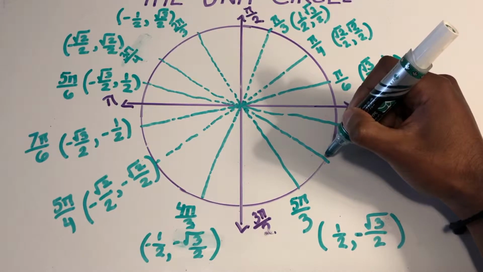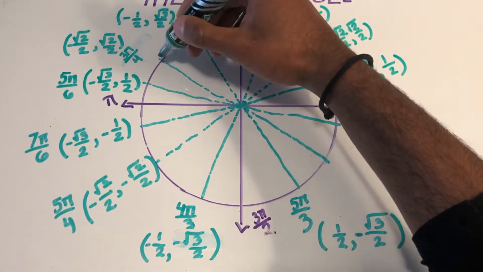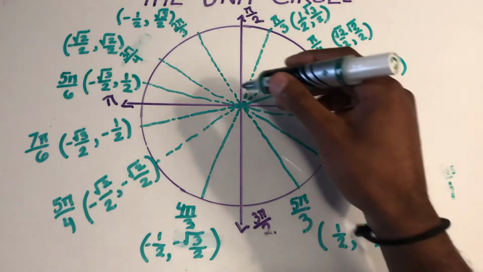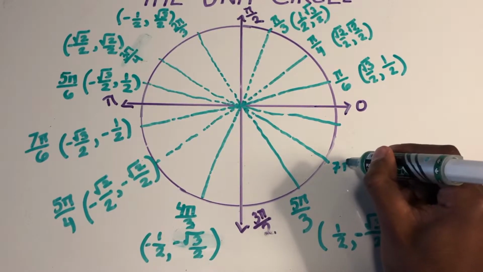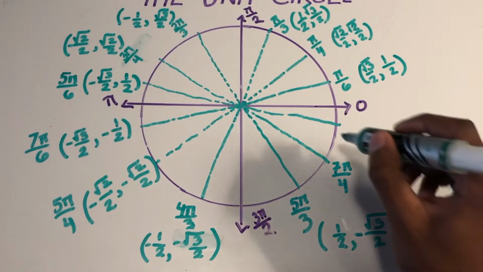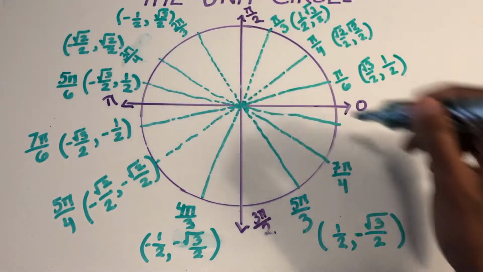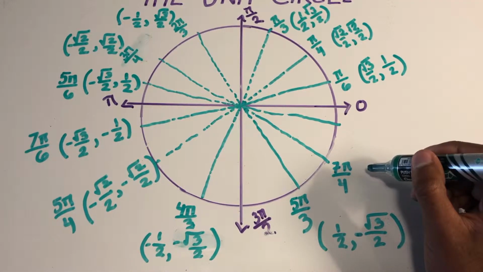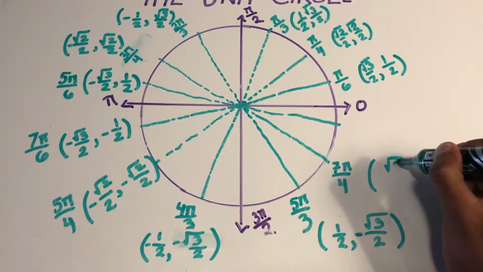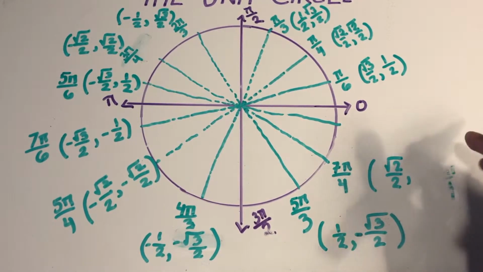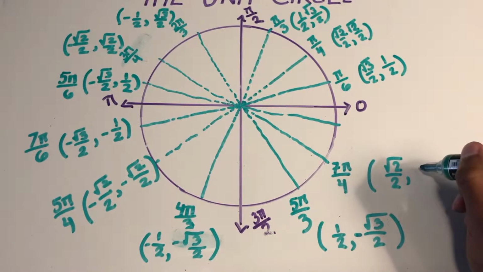On this line, we have 3 pi over 4. If you add pi, you're going to get 7 pi over 4. The corresponding ordered pair is radical 2 over 2 and radical 2 over 2.